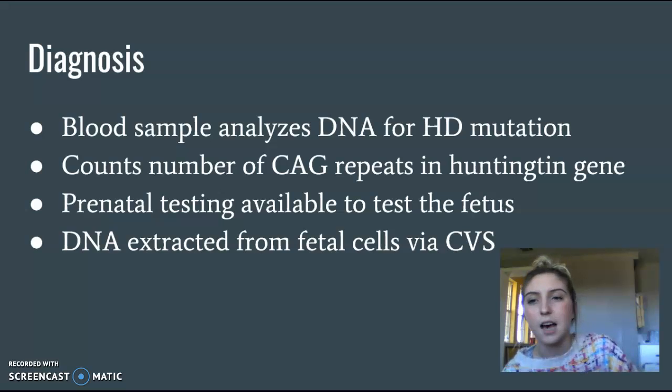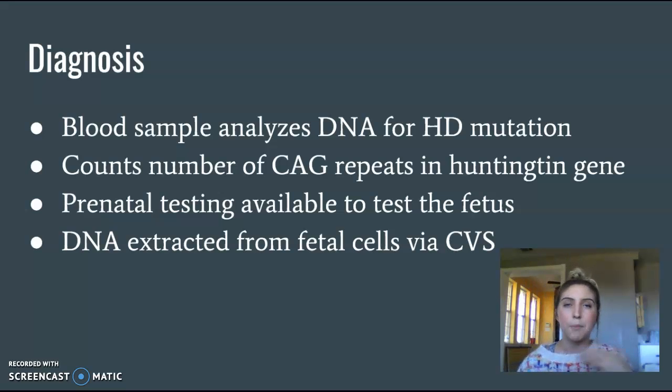So the diagnosis of Huntington's disease: usually people can tell and they maybe bring them into a psychiatric facility because things are wrong, and Huntington sometimes gets misdiagnosed and caught up with other psychiatric disorders that they may not recognize. You can take a blood sample from the DNA for an HD mutation in the gene, which counts the CAG repeats in the Huntington gene, which, as I mentioned before, causes the faultiness of the gene itself.